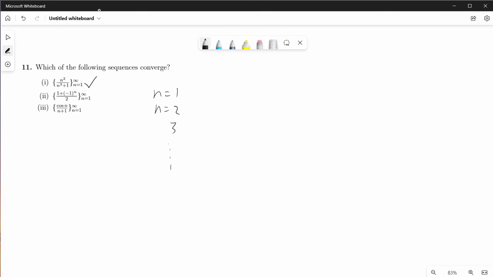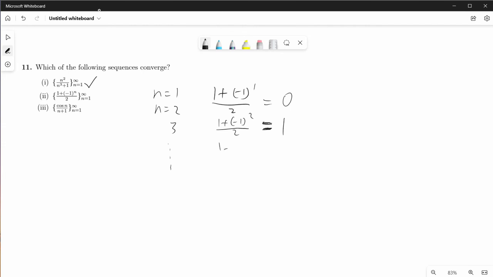So for the first number of the sequence, we have 1 plus (-1) to the first over 2, which is 1 plus -1, so it's 0. And then we have 1 plus (-1) squared. So that would be 1 plus 1, so it's 2 over 2, which is 1.